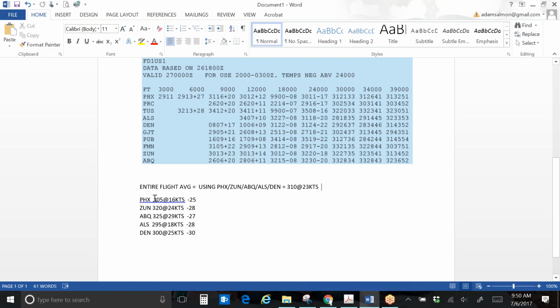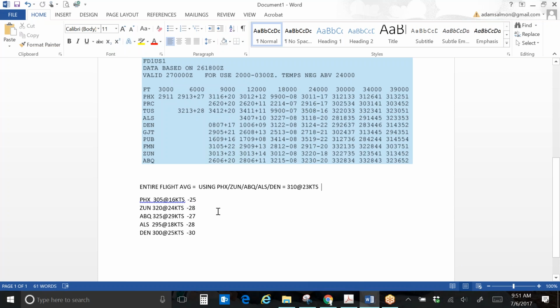Like I said, I've already done the calculation because I'm at flight level 270: I took the 240 and 300 flight levels and using Phoenix, Zuni, Albuquerque, Alamosa, and Denver, I averaged all of those together to come up with these numbers for flight level 270. So Zuni says it's 320 at 24 knots, minus 28 degrees. Albuquerque's 325 at 29 knots, minus 27 degrees.